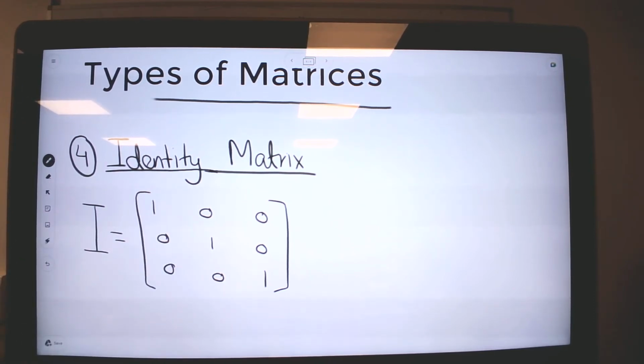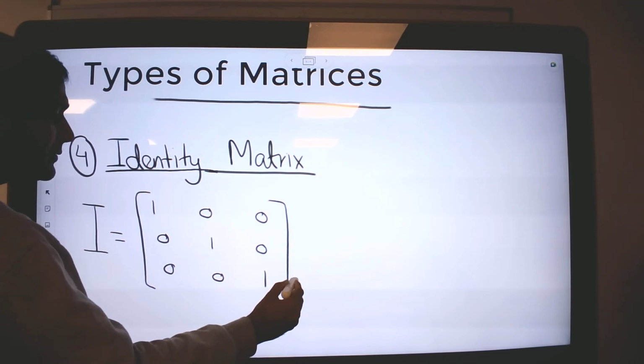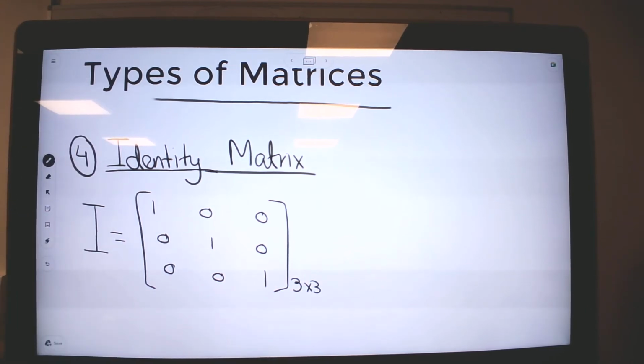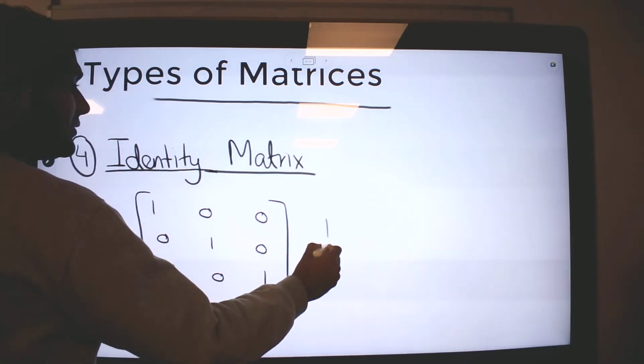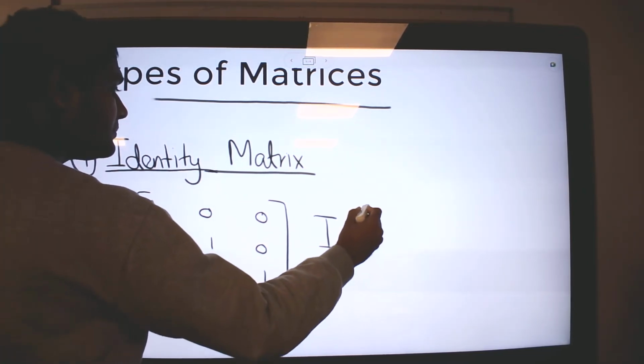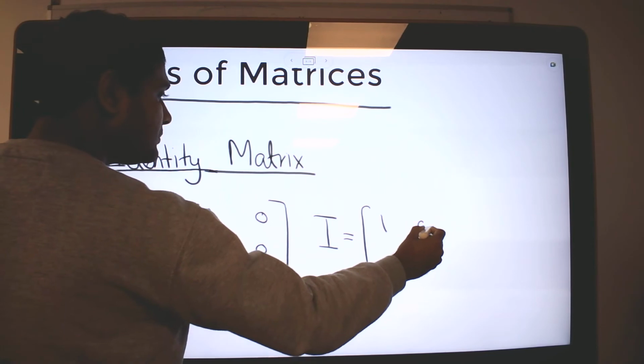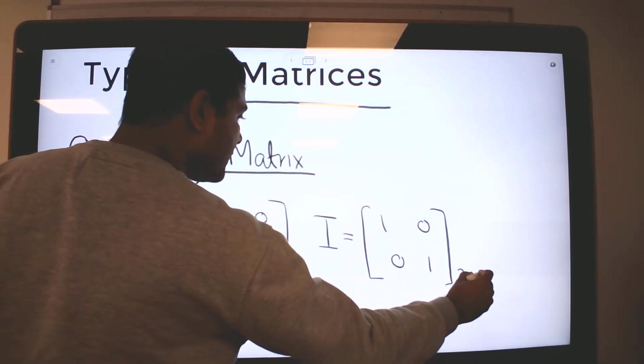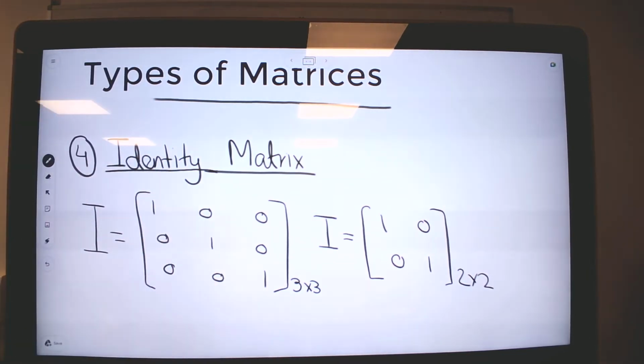It is always a square matrix. So this is 3 cross 3 identity matrix. If I write 2 cross 2 identity matrix, and if you want, you can write the 1 cross 1 identity matrix does not exist. If you want, you can write 4 cross 4 identity matrix.